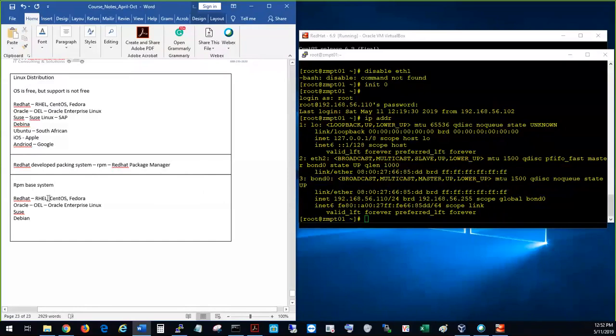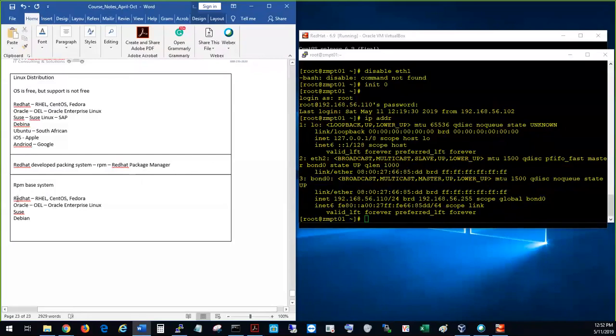If you have Red Hat Enterprise Linux, then you will get support from Red Hat. If you install CentOS or Fedora and try to get support from Red Hat, they won't give you support. Same with Oracle. When you install OEL, you have to go to Oracle for that too.